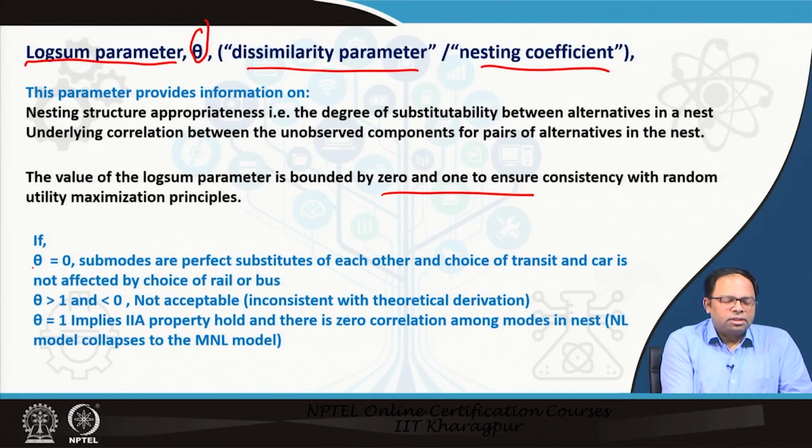If this parameter is equal to 0, that means all submodes are perfect substitutes of each other, and choice of transit and car is not affected by the choice of rail or bus. That means we can independently estimate the composite transit utility without even considering the utility of the subnest, and the subnest value is of no importance.